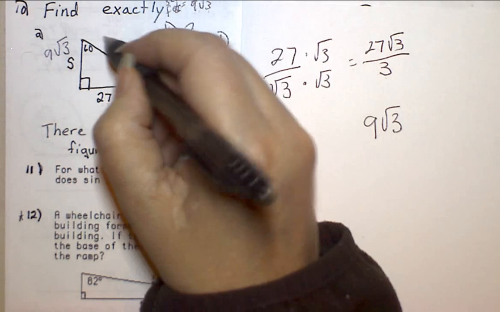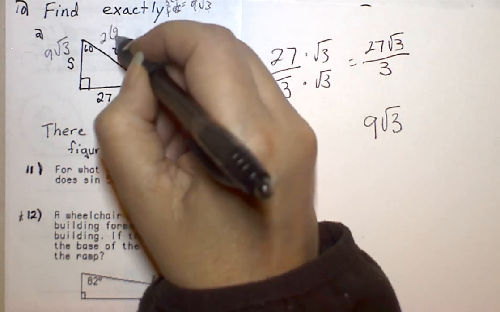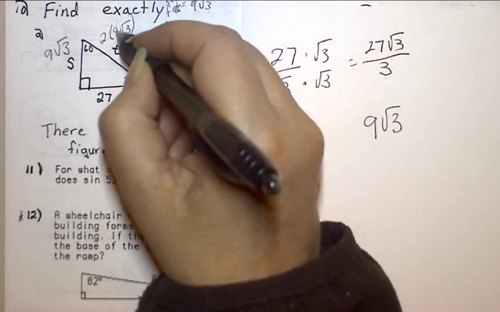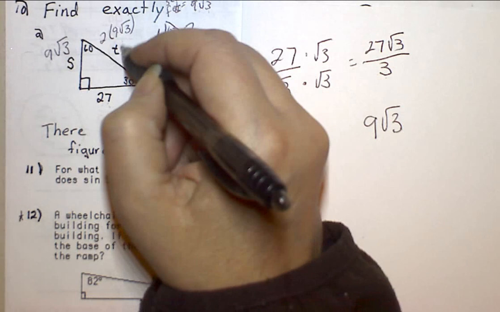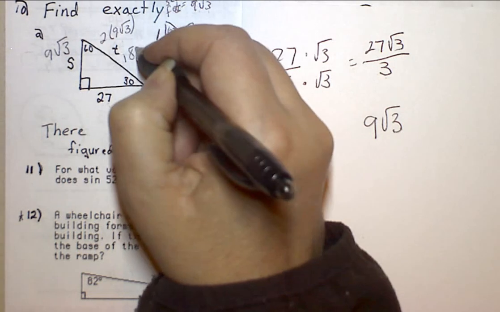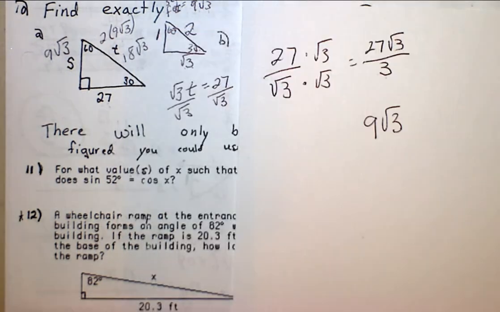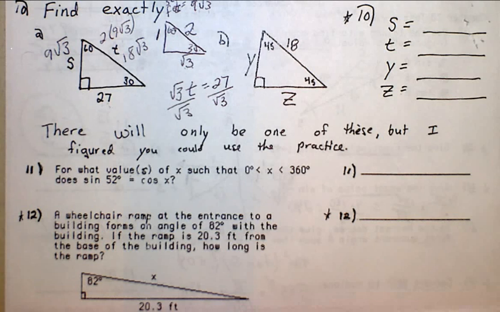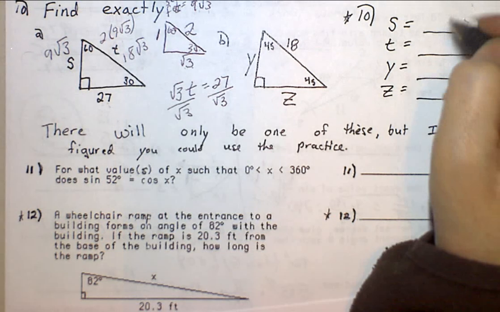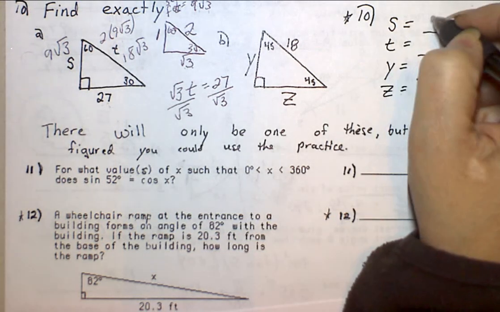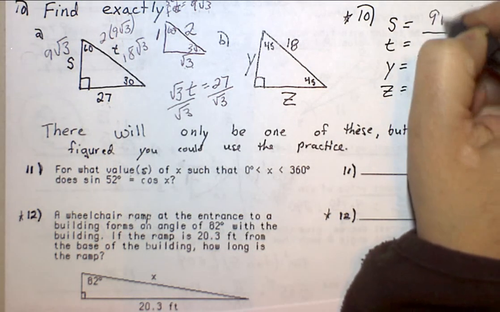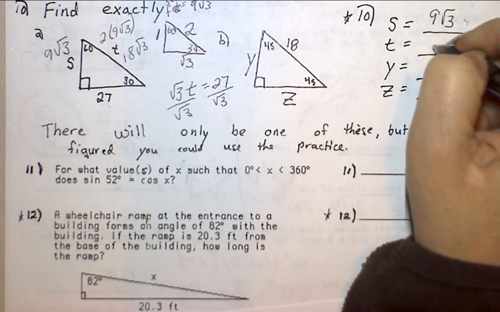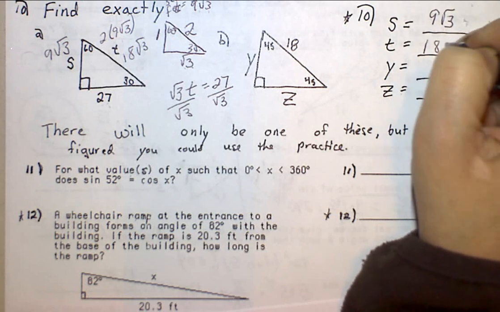So t is 2 times 9 square roots of 3. 2 times 9 is 18. So we have 18 square roots of 3. So s was your 9 square roots of 3, and t is 18 square roots of 3.